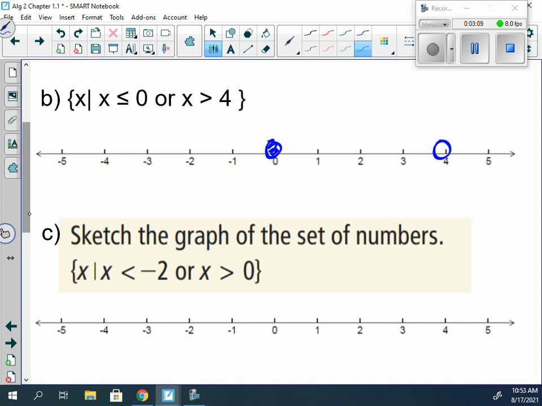So let's take each one of these inequalities individually, because it is an or statement. So here, x is less than or equal to 0. So at 0, are we going to shade to the left or to the right? Left. And then we would go to the right for 4 because it's talking about it being greater than 4.